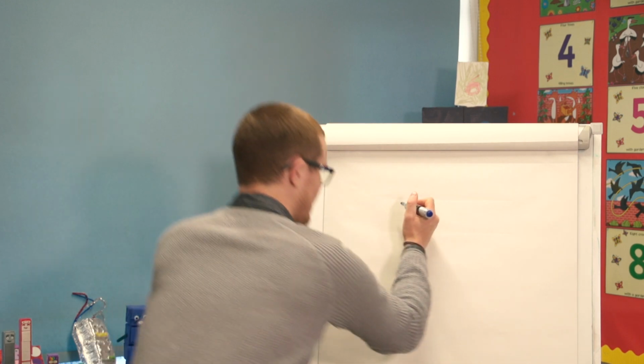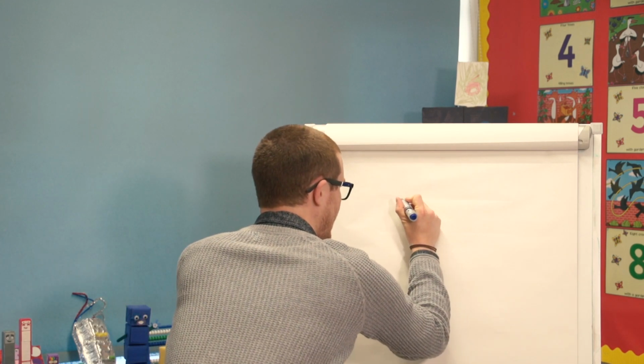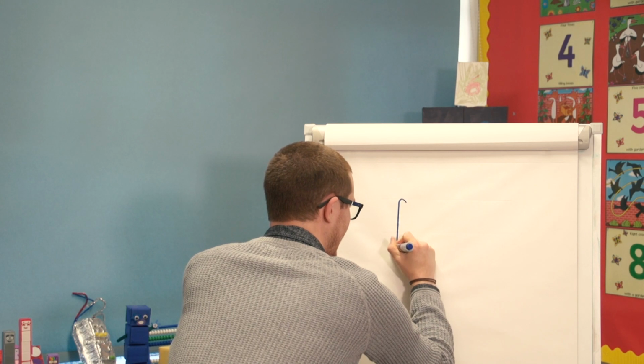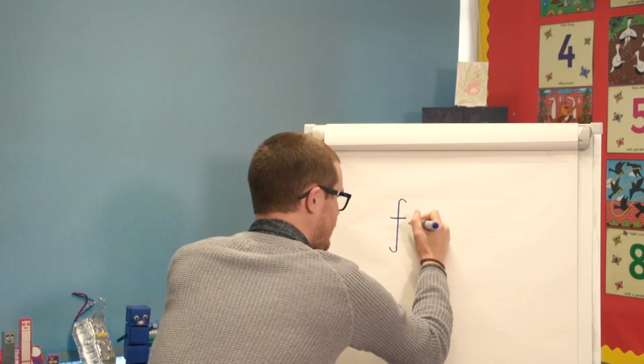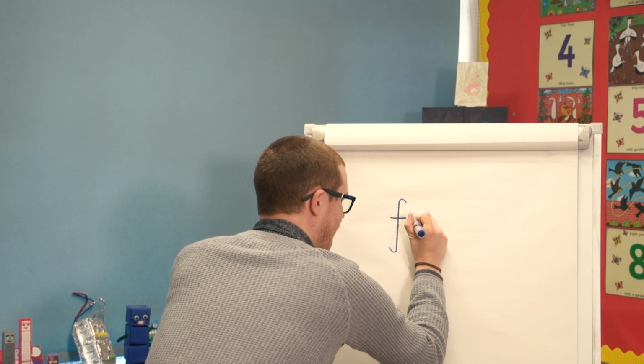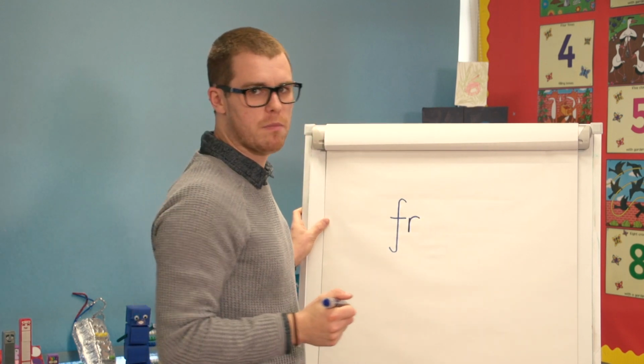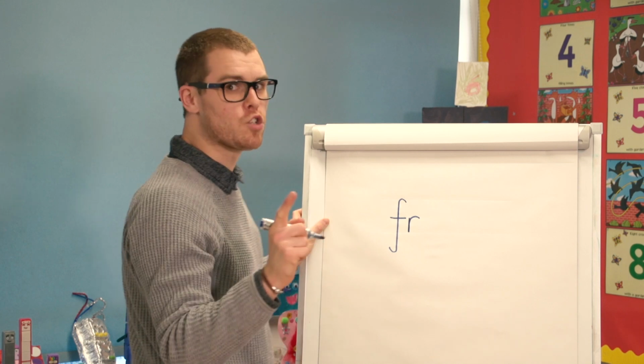Can you remember the tricky bit? Well, the first bit is easy. It says f. Then we have r, and then it's the tricky bit.